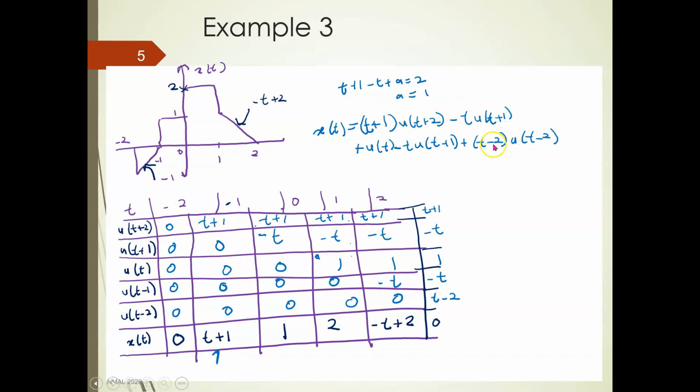For example, here you can put ramp t minus 2. This one is correct if you put ramp t minus 2. But not for this, and not for this, because whatever is inside the bracket is not the same as whatever multiplies this unit step function.